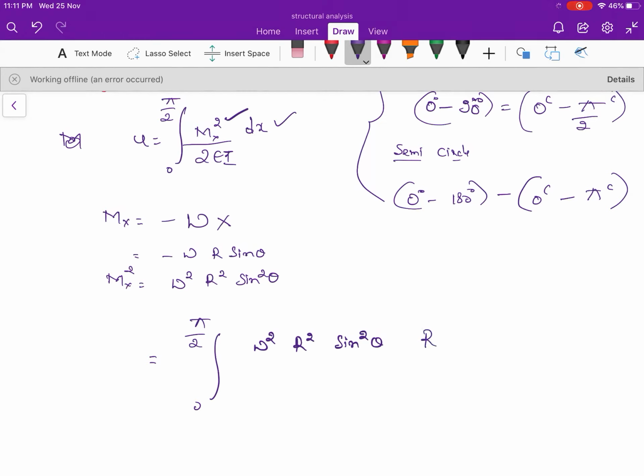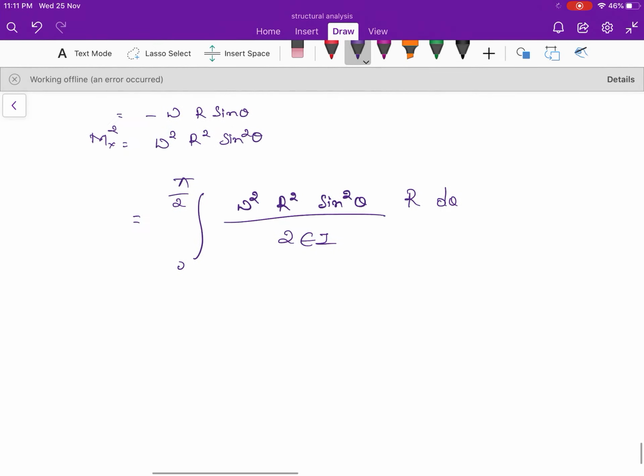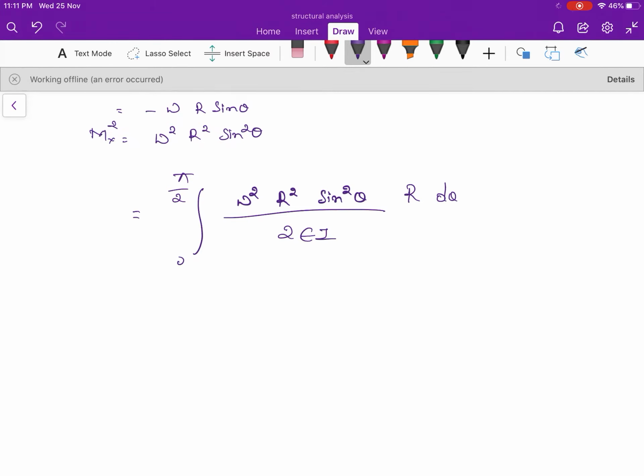According to the arc formula, it will become r d theta divided by 2 EI. So the next thing you need to do here is take w square r cube divided by 2 EI outside, integral 0 to pi by 2 of sine square theta d theta.